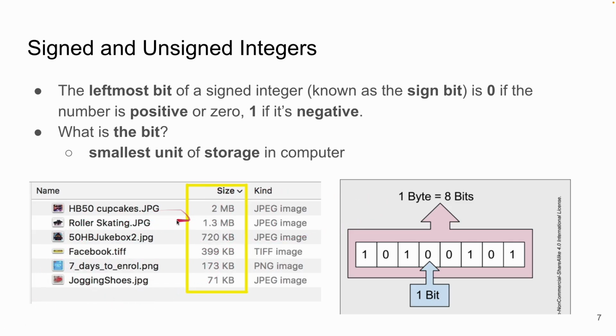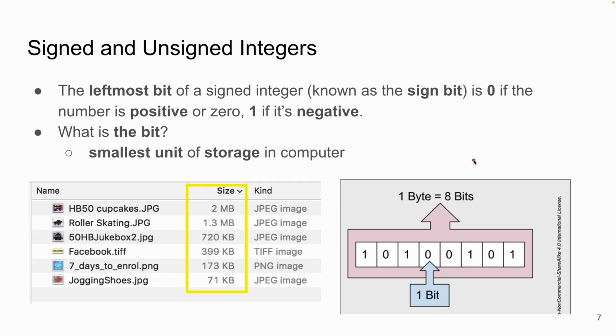We can see the size of different files, right? For example, we have a file with 71 KB, that is, about 71,000 bytes for this file. So B represents the file size in bytes, and you need to remember that 1 byte in our computer equals 8 bits.